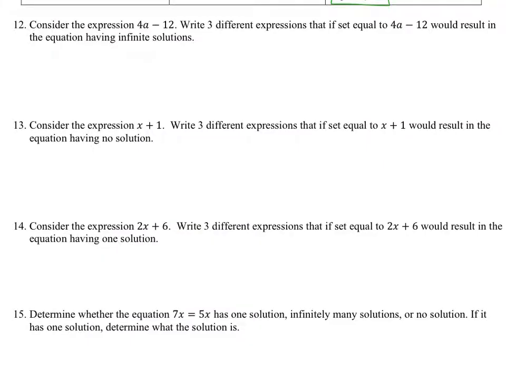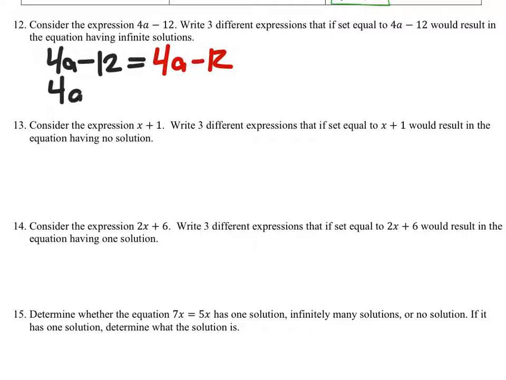Number 12, consider the expression 4a minus 12. Write three different expressions that, if set equal to 4a minus 12, would result in the equation having infinite solutions. So one of them, hopefully, is just 4a minus 12.